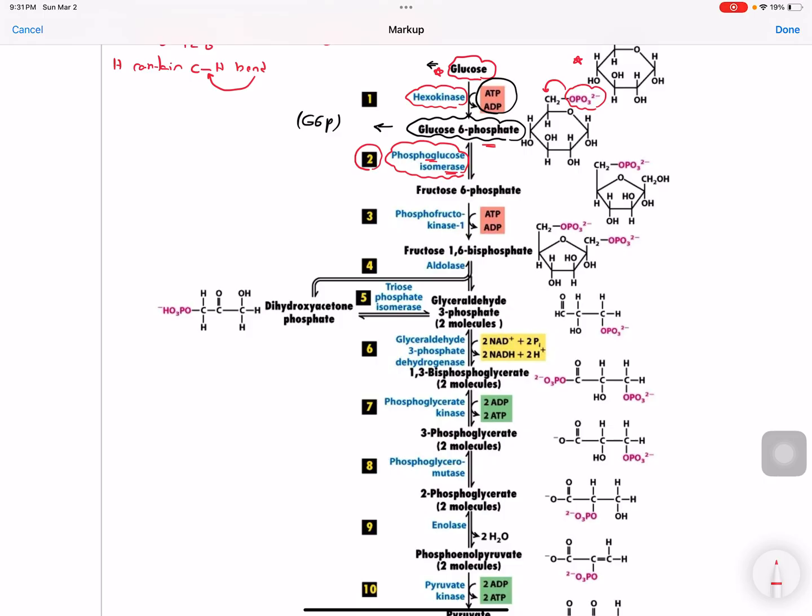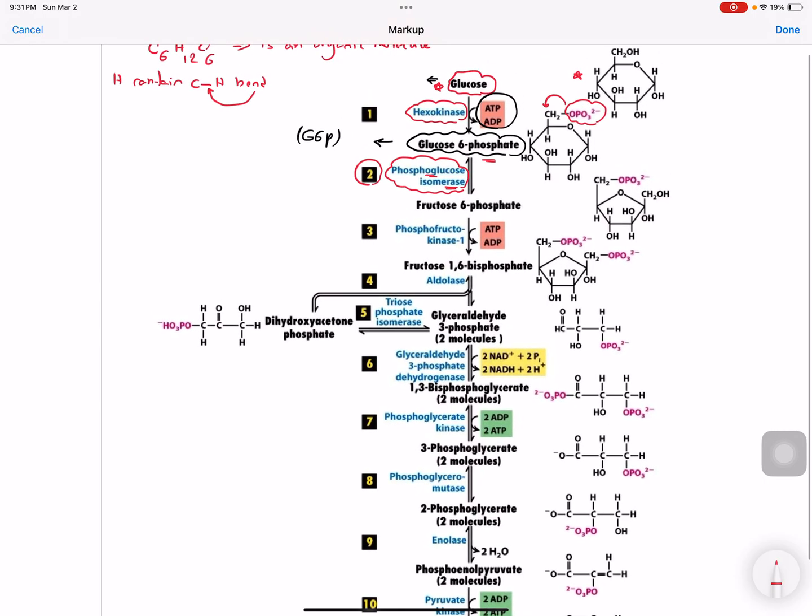So this means the enzyme phosphoglucose isomerase rearranges the molecule, converting G6P into fructose 6-phosphate, because glucose and fructose have the same molecular formula, C6H12O6. They are isomers and they are hexoses.